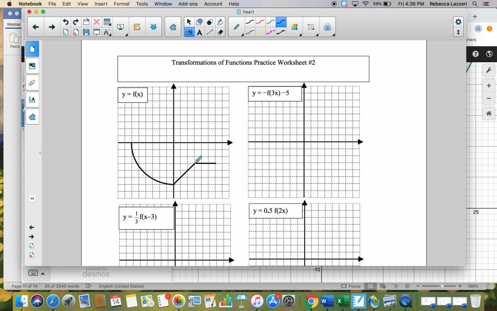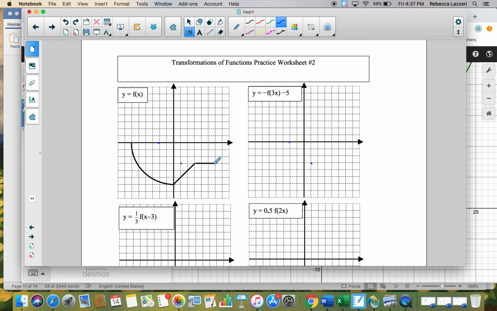If I shrink it in and divide by 3, 3 divided by 3 is 1, so that point is going to be right here. And this point up here is 6. 6 divided by 3 is 2, so this is going to shrink in to 2.